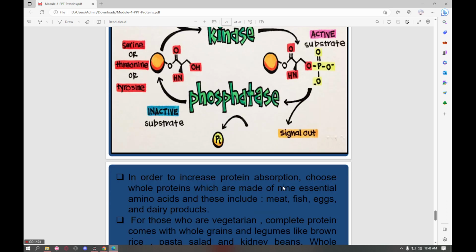In order to increase protein absorption inside our body, choose whole grains which are made of 9 essential amino acids. So this comes from the food that we eat. For those who are vegetarian, it is not about the fibers, which are under the complex carbohydrates, but you can also take protein foods from the whole grains or the legumes.